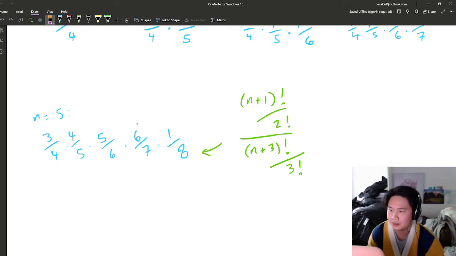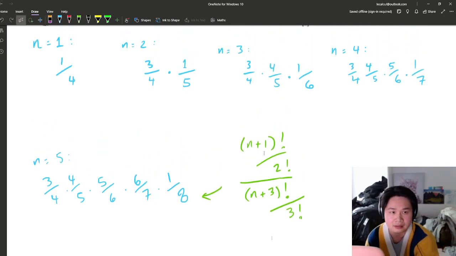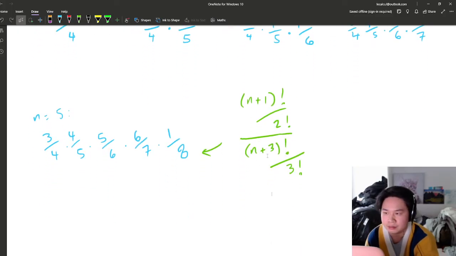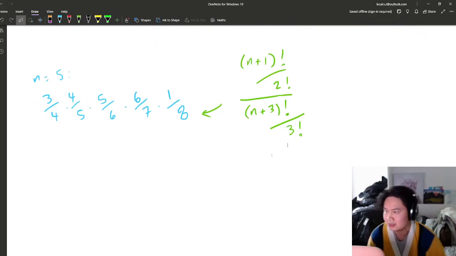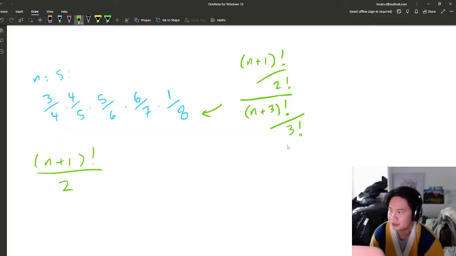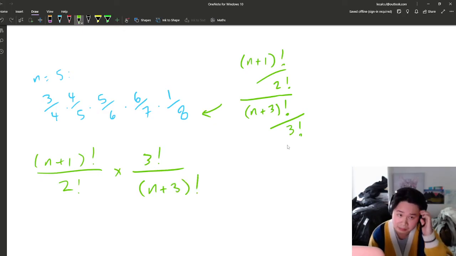Okay, but here's the formula for the probability of selecting after n buttons. Of course, it's pretty ugly, and we are going to simplify this. So this is n plus 1 factorial over 2 factorial, and then you multiply by the reciprocal, 3 factorial over n plus 3 factorial right here.